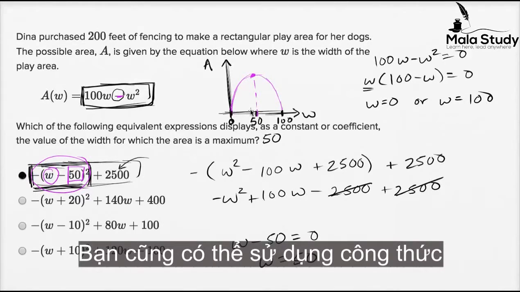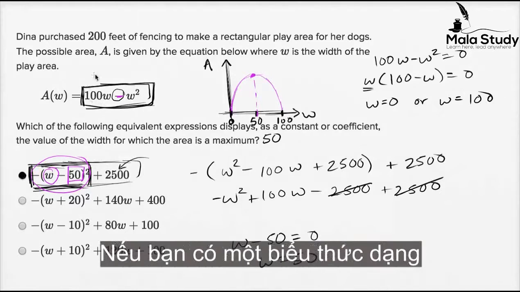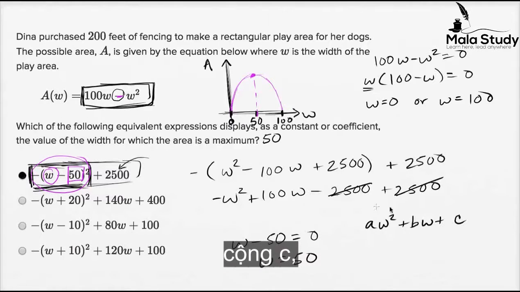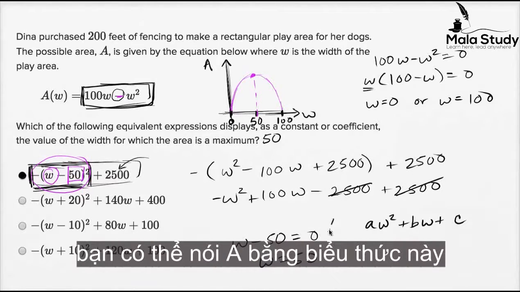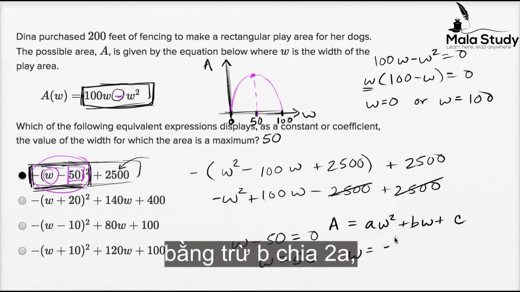You could also use the formula for the x-coordinate of a vertex, negative b over 2a. If you had an expression in the form of aw squared plus bw plus c, then the w coordinate, I should say, of the vertex is going to be negative b over 2a.